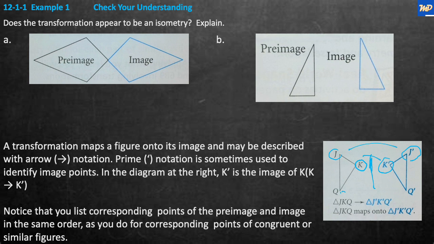This is at the bottom, and Q is at the bottom. So going from the inside, you go K, J, Q, or in fact, they do J, K, Q, J, K, Q, or J prime, K prime, Q prime. It's important to keep the order when you're talking about these triangles and any figures that we're dealing with.